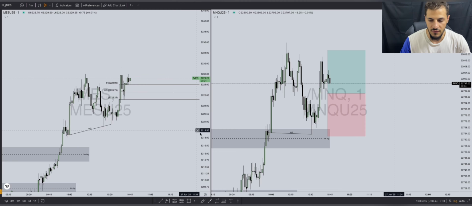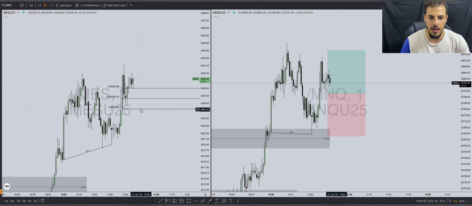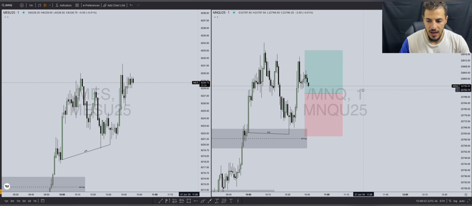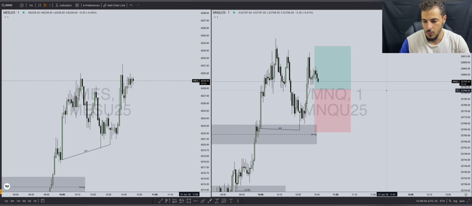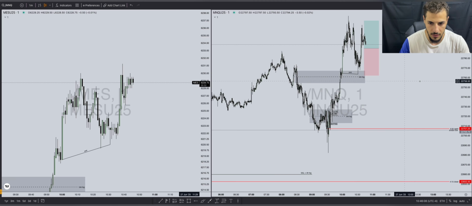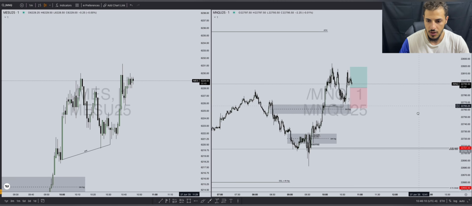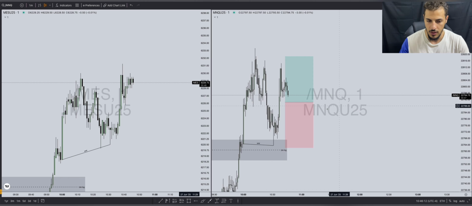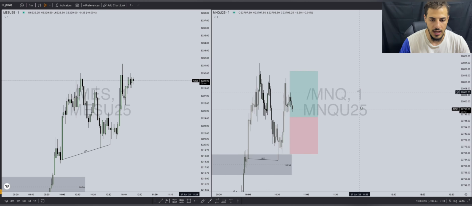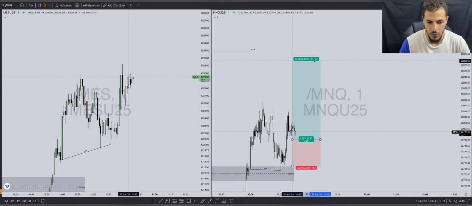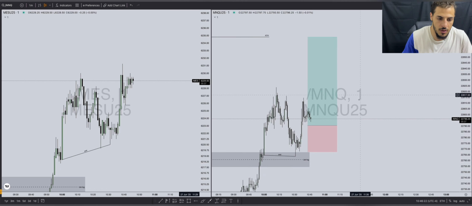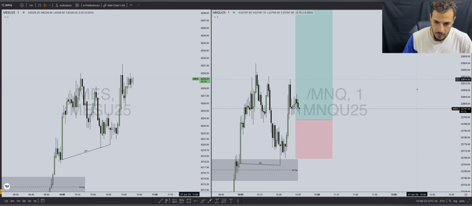That could be in the form of an SMT maybe, or a short-term liquidity sweep, and then after that a breakout structure with an impulse to the upside, or to the downside depending on the direction, and then target the higher time frame draw on liquidity, whether that's London highs, buy side liquidity, major buy side liquidity, daily, weekly, 4 hour, whatever it is. In this case, it was all-time highs, so it was a very major draw on liquidity.